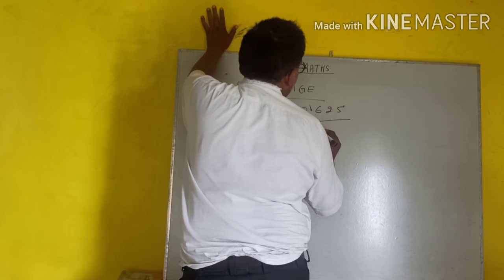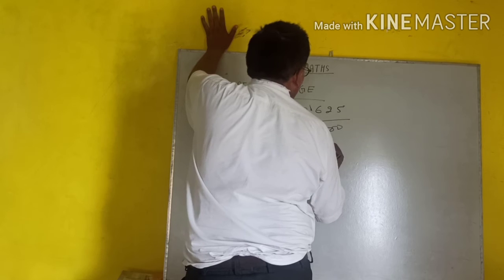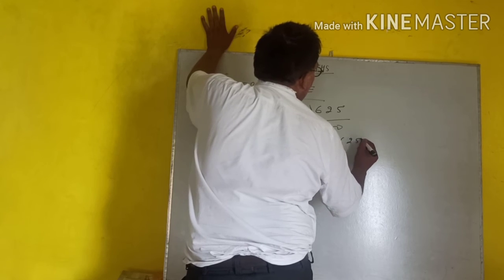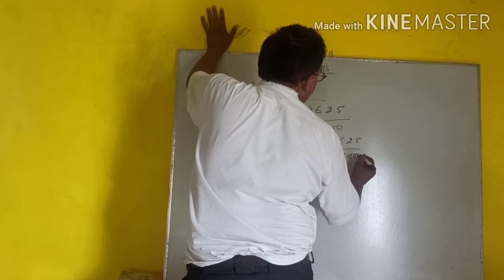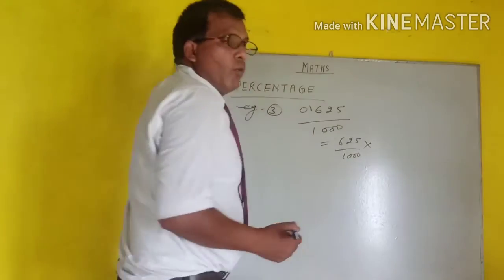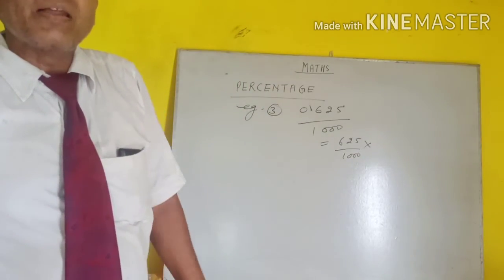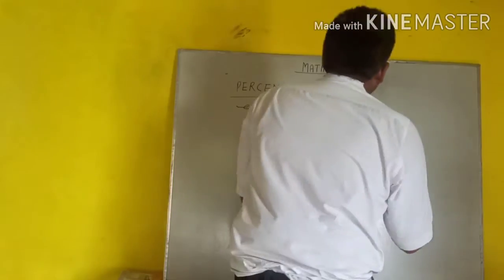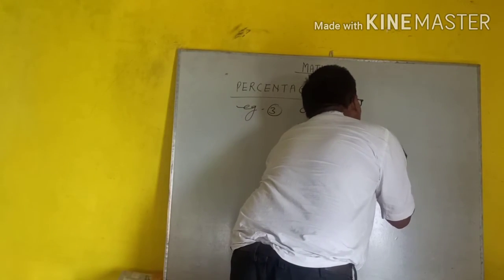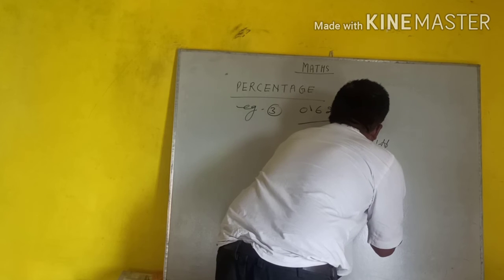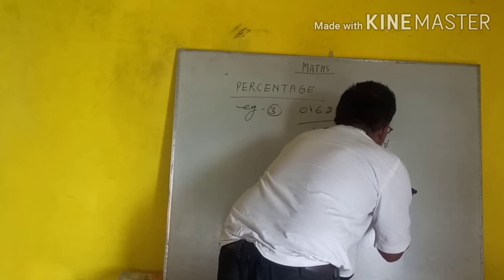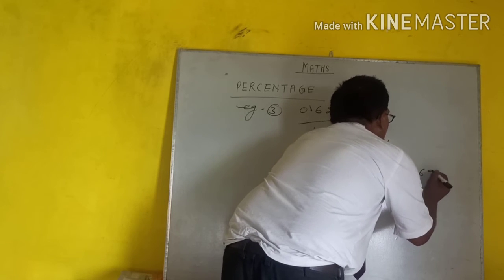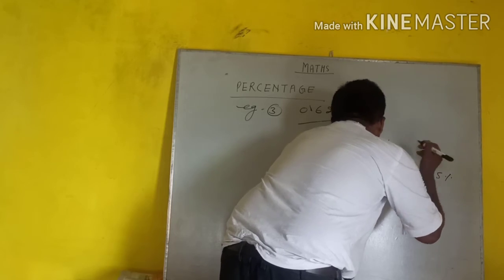Here is the decimal after 3 places, so you write 1000. It becomes 625/1000. Then you convert it into percent. Multiply it by 100. Here the two zeros cancel. It becomes 625/10, which is equal to 62.5%.